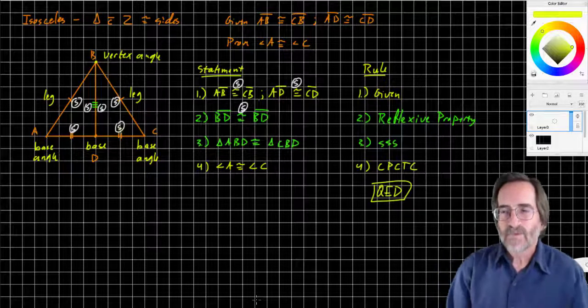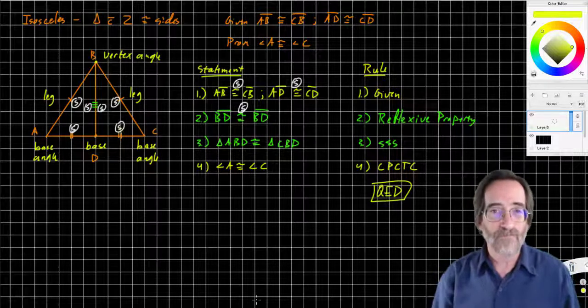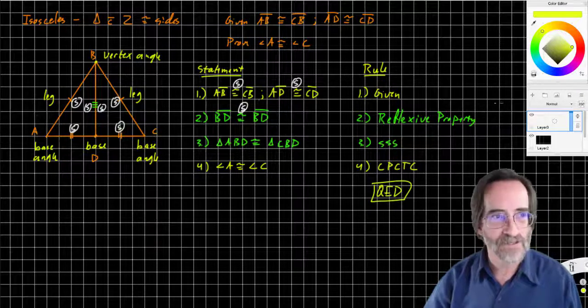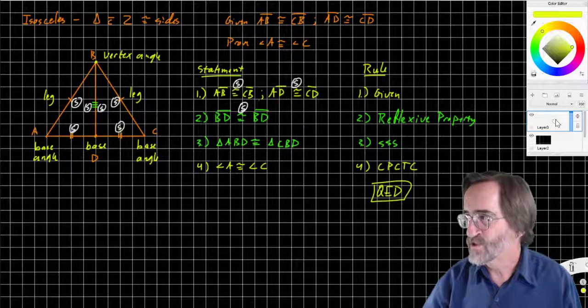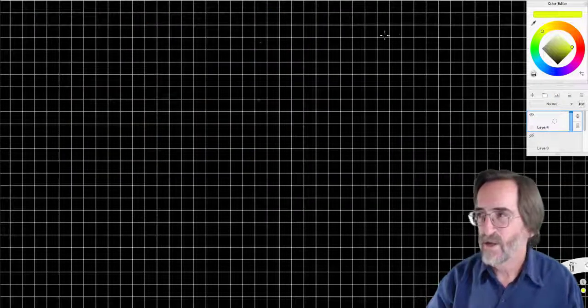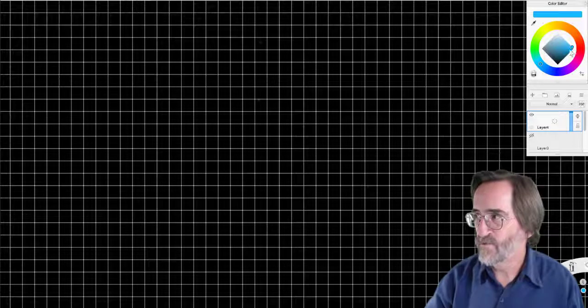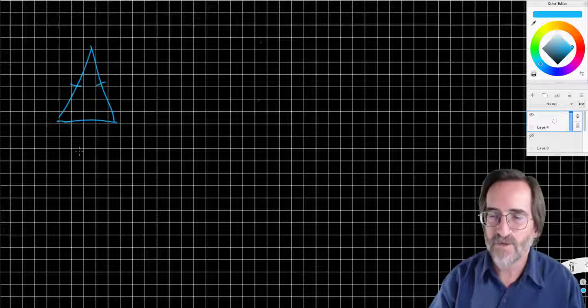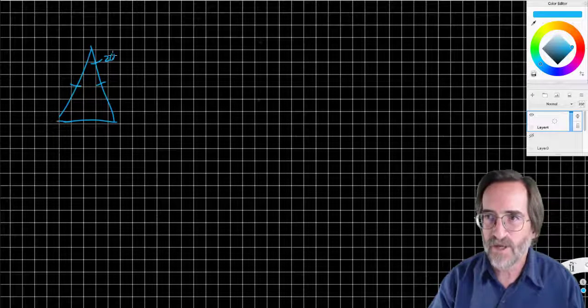Okay, so let's explore what that means in a practical sense, because we can solve all kinds of problems using this rule. Forgive me for sketching quickly. I'm going to save some time here. If I have two congruent sides and I know one of the angles, let's say I know this angle is 20 degrees, I happen to know the other two angles are the same.